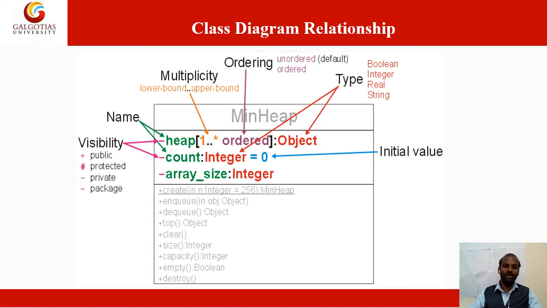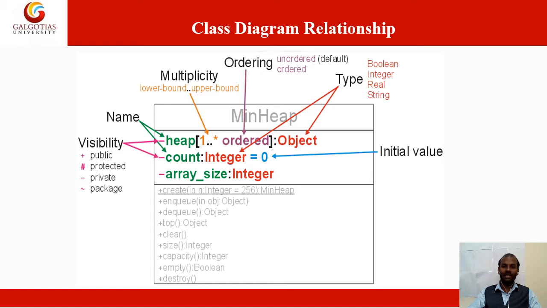So heap, count, array size, these green colored items are the names given as attribute names for this minimum heap. And coming to this object, integer, this red color shows what kind of data type we are using for this particular attribute, right? And if you want to initialize any value, initially I am just taking the count value as 0, then obviously we can give the initial value as 0.